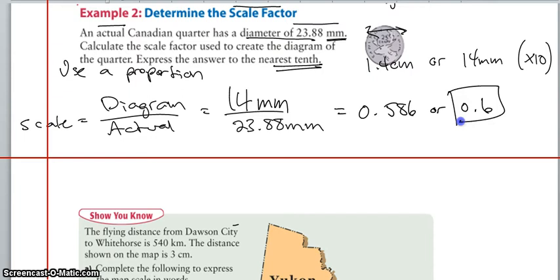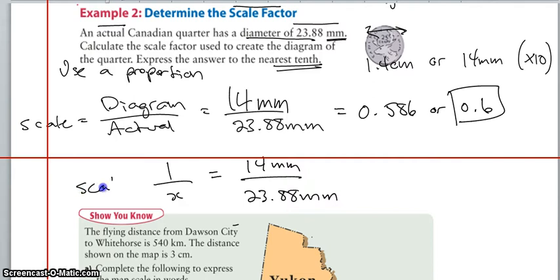Another way to set this up would be 14 millimeters over 23.88 equals 1 over the actual.